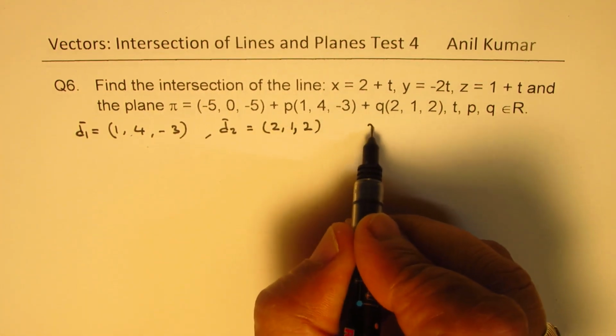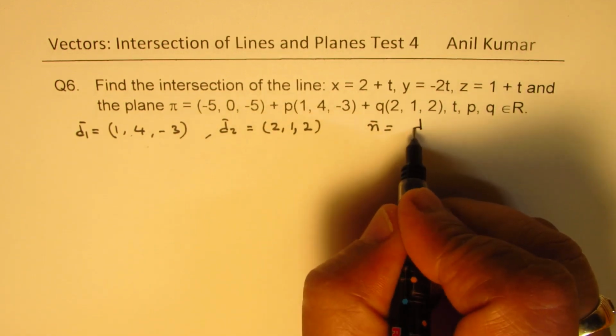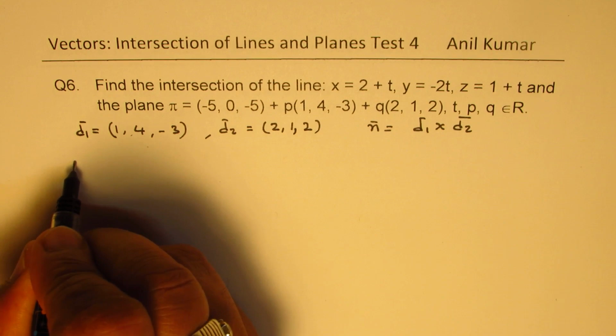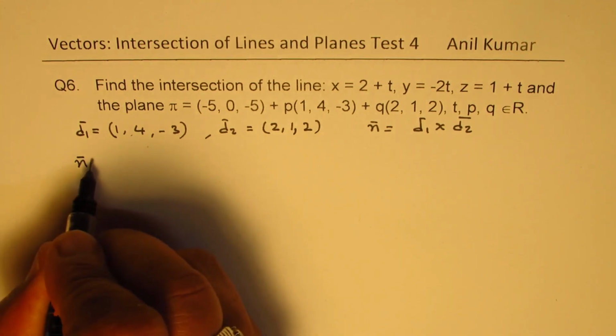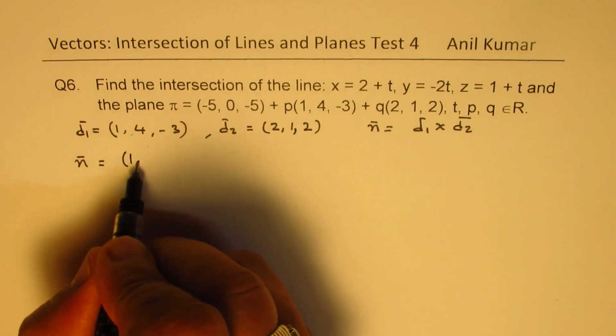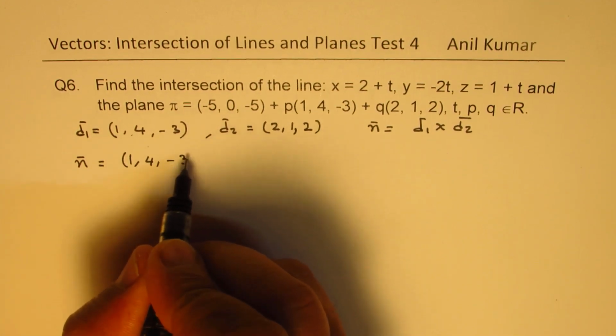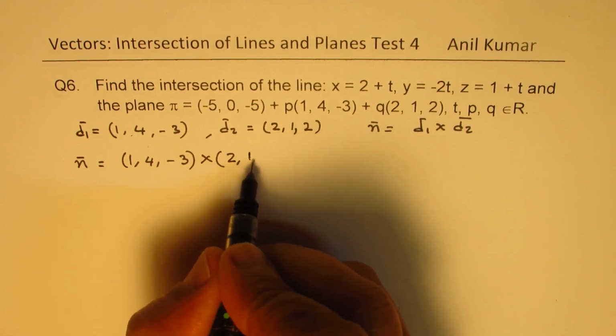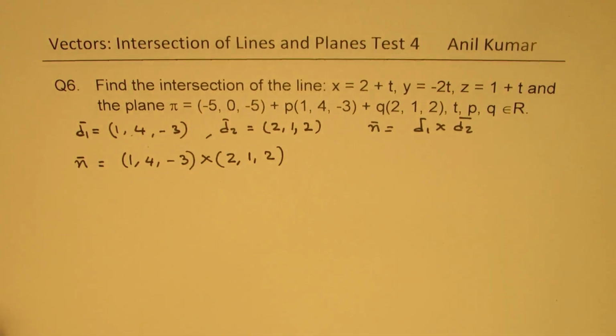To find the normal, we can do the cross product between these two direction vectors, correct? So let's find the normal for the plane pi. The normal will be the cross product of (1, 4, minus 3) and (2, 1, 2). So let's figure this out.